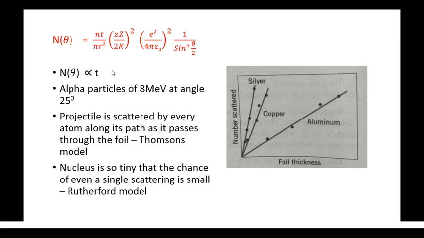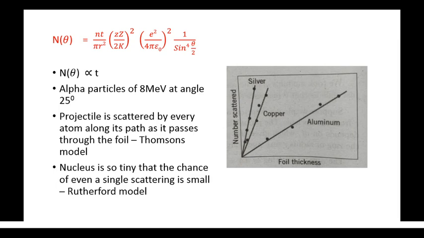That means N of theta is directly proportional to the thickness of the foil. So Rutherford derived this formula, but experimentally using silver, copper and aluminium, both the scientists verified that as the foil thickness is increasing, the number scattered also increases.